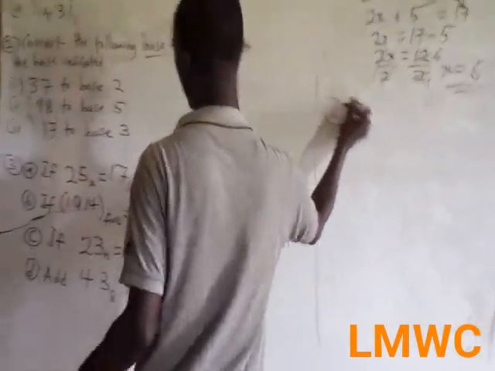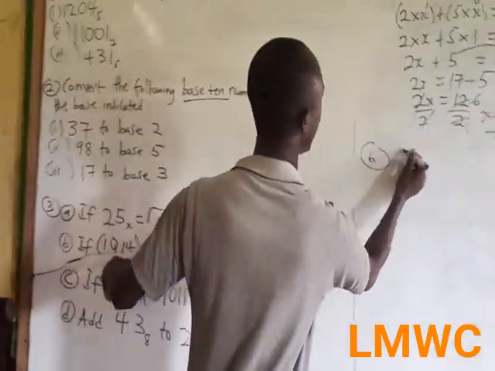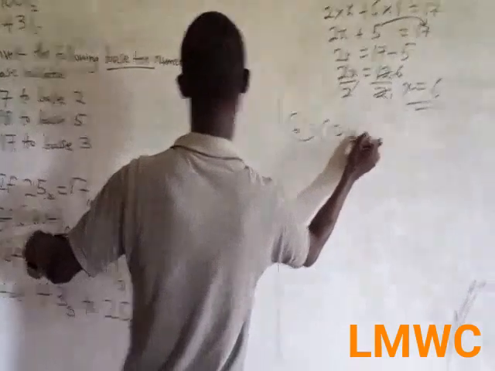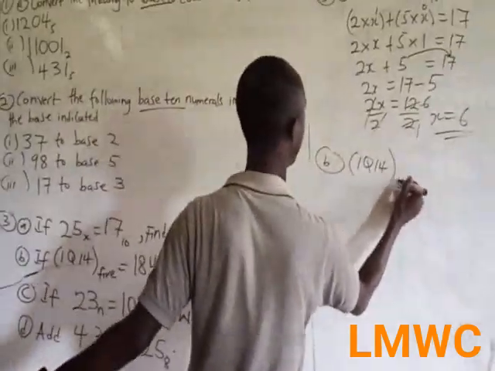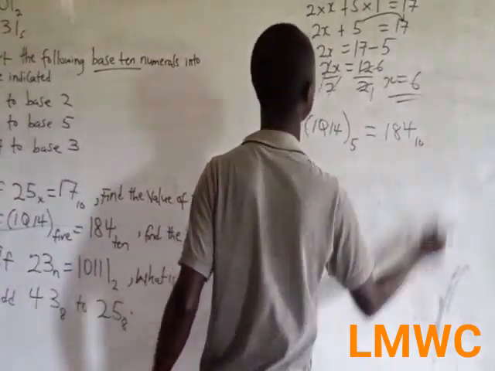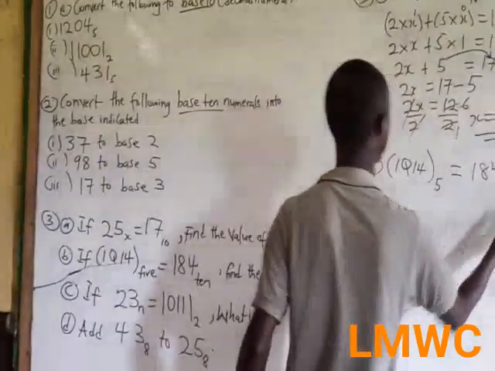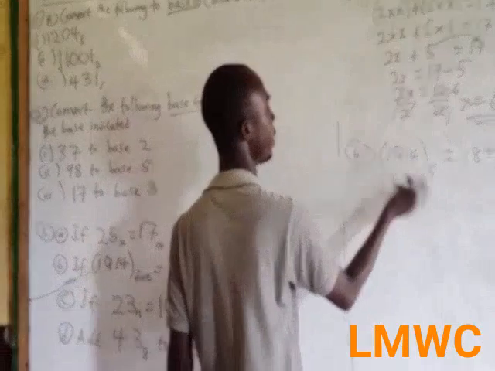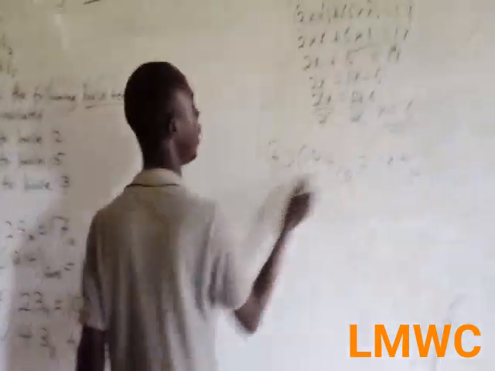B. You are given 1 q 1 4 base 5 is equal to 184 base 10. So you multiply, the same procedure. You multiply this one by the base.